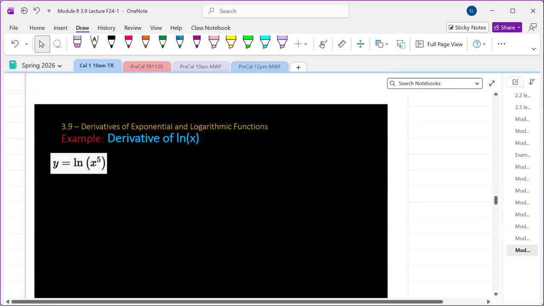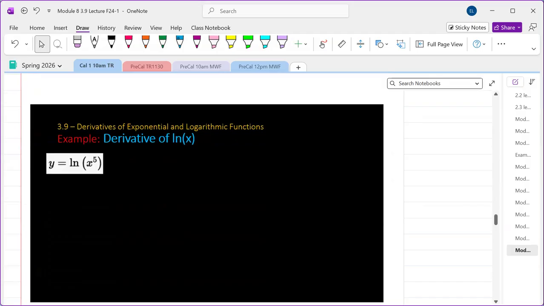So let's try it out, see what we get. So the derivative of the natural log of x to the fifth. Now there's actually two ways to think about this, but let's just go the straightforward way, use our derivative rule. So the derivative of natural log of ugly is 1 over ugly times the derivative of ugly.